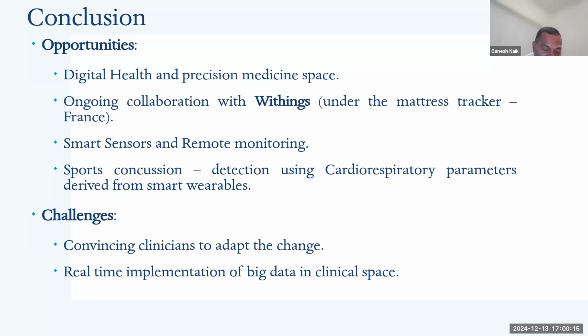Then real-time implementation is another challenge. But the most important challenge is convincing the doctors, because some doctors still don't accept AI or any automated methods. They still try to use the traditional way. So there are challenges in this space.